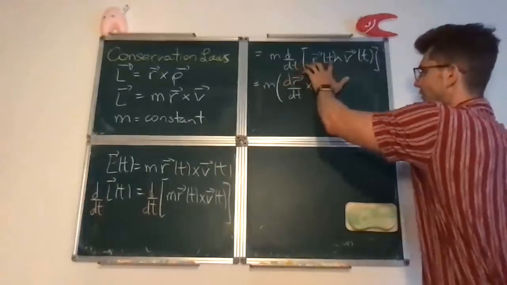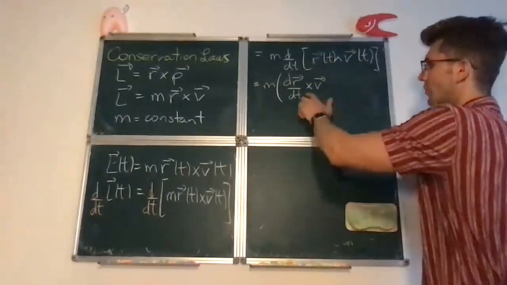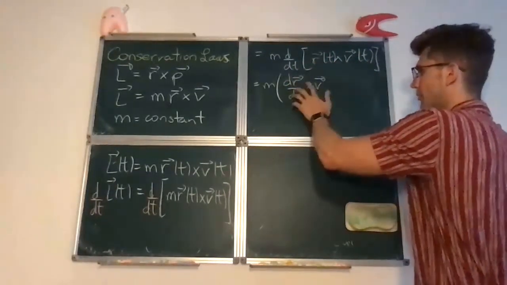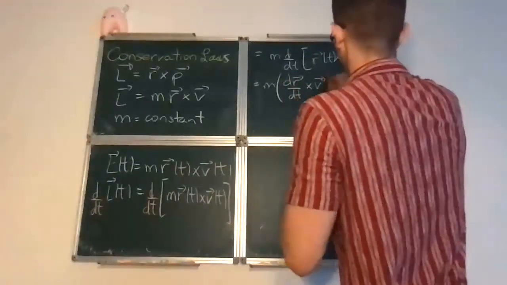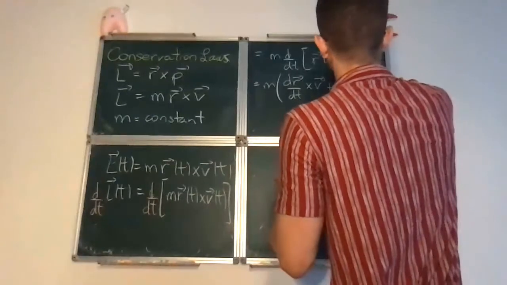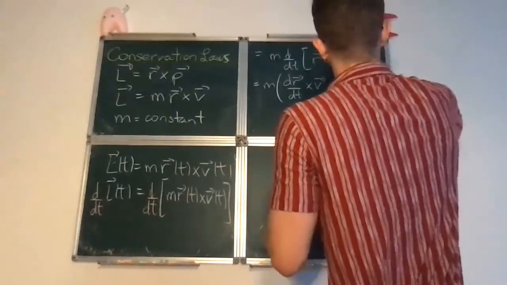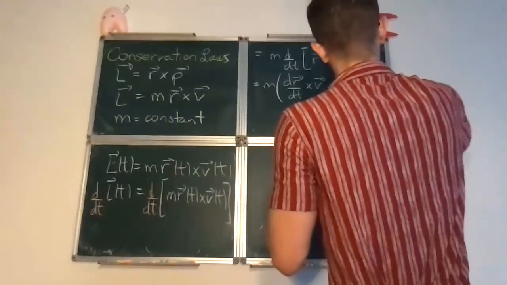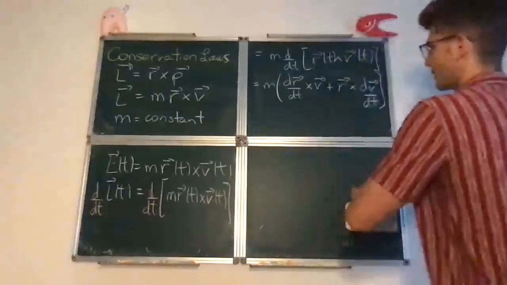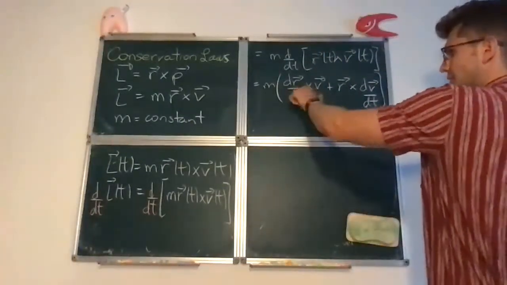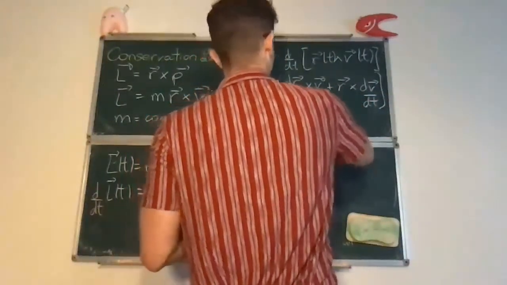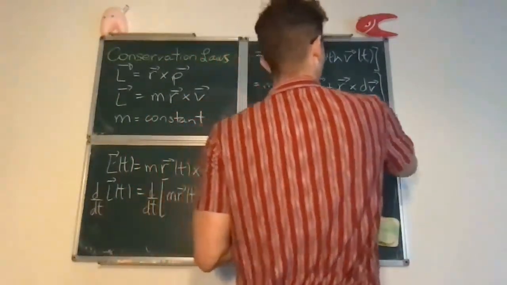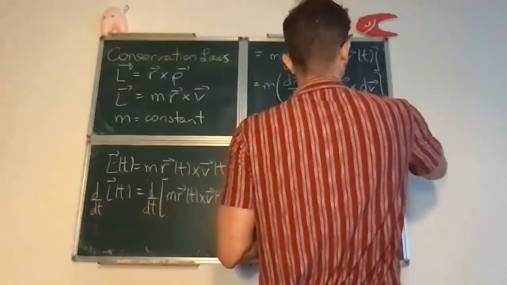You differentiate the first one and do nothing to the second, but now you just have to be careful about the order in which you write things and using a cross product instead of an ordinary multiplication. But besides that, everything else goes through. And so what's the derivative of position with respect to time? You get v cross v plus r cross a.